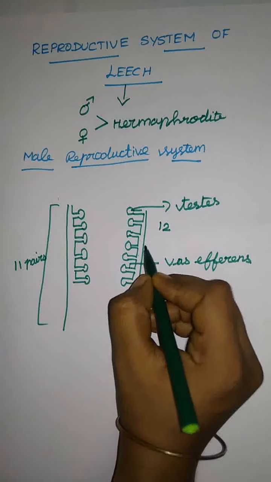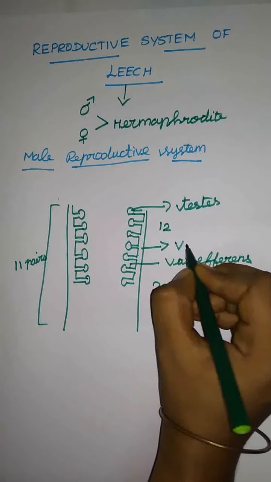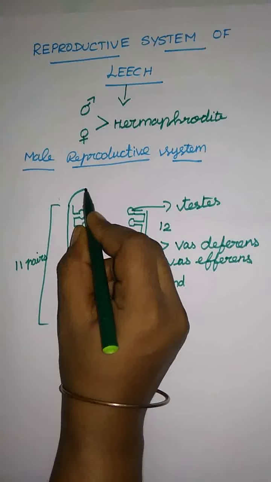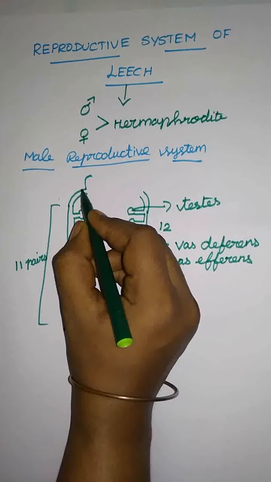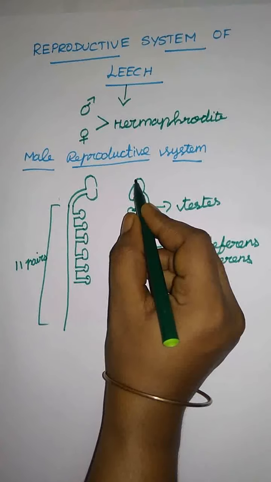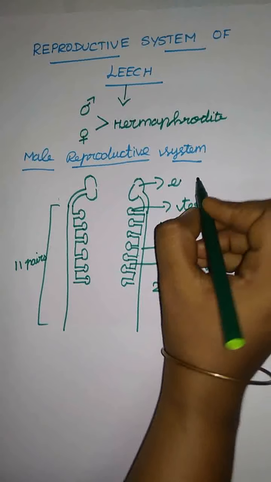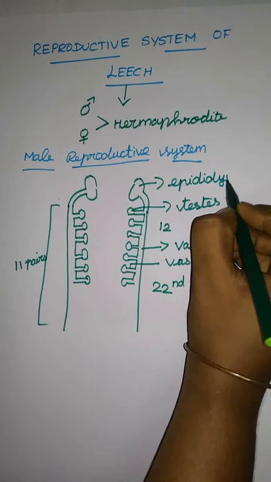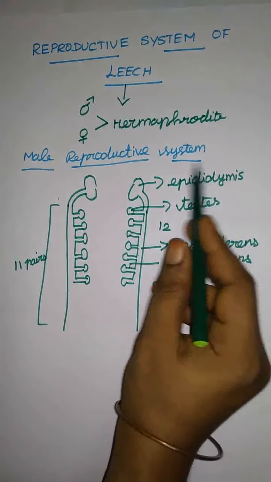Here the vas efferens are connected to a long tube, which is called the vas deferens. Here the vas deferens is convoluted to form the epididymis. Just imagine this is the epididymis.